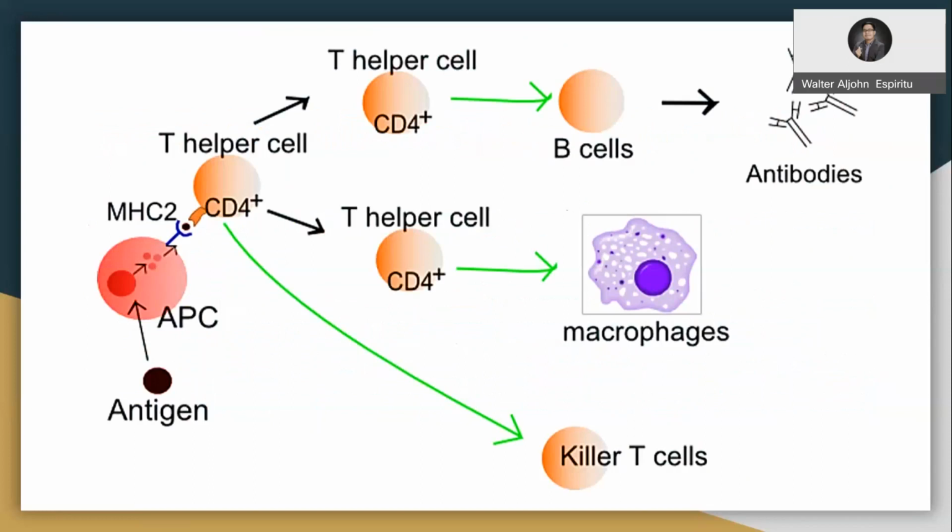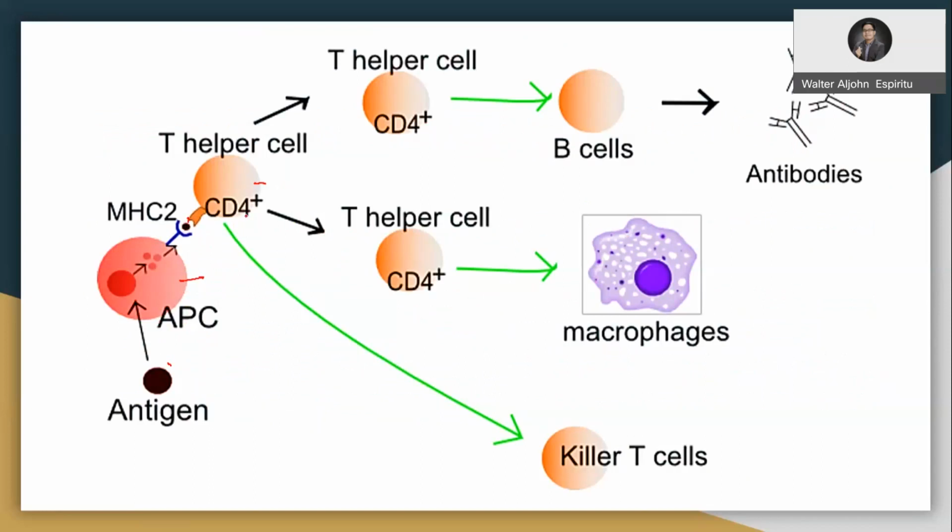So this figure shows the different responses. We have here an antigen presenting cell such as macrophages or dendritic cells. In the presence of an antigen, they will process this antigen and present it to a helper T cell.